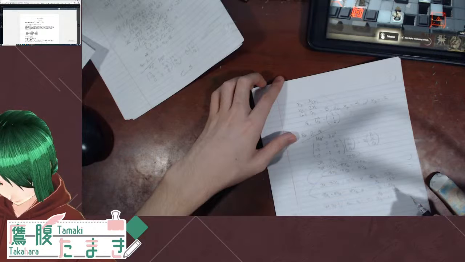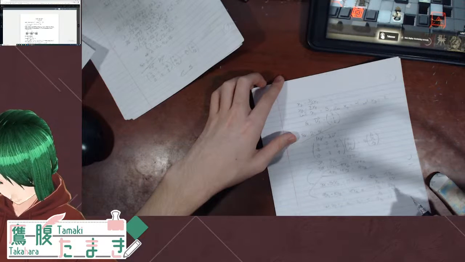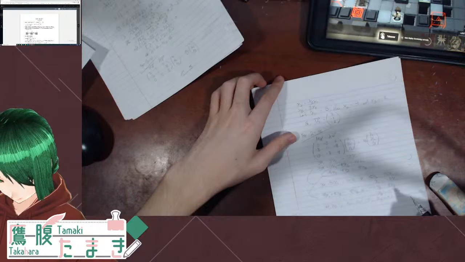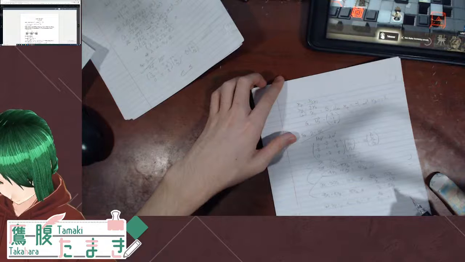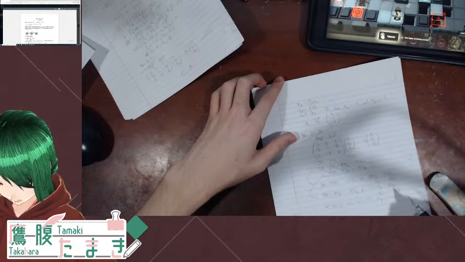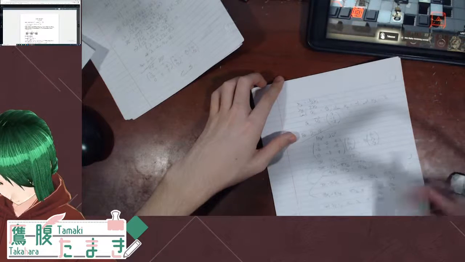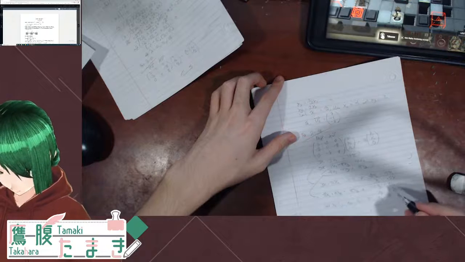That sound right? x1, 5, 5, doesn't sound right. If x1 equals 1, and then x2 equals negative 5, then this should be 4. Why did I say 1?